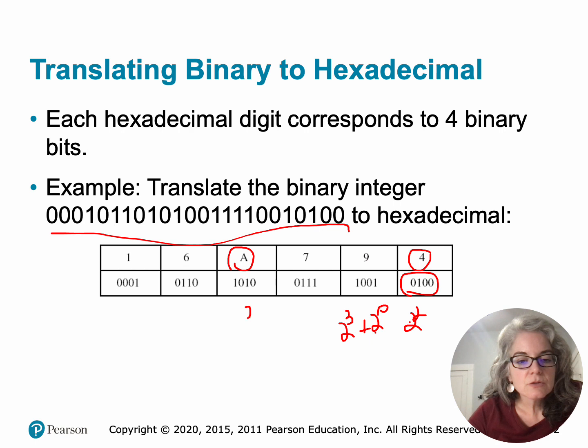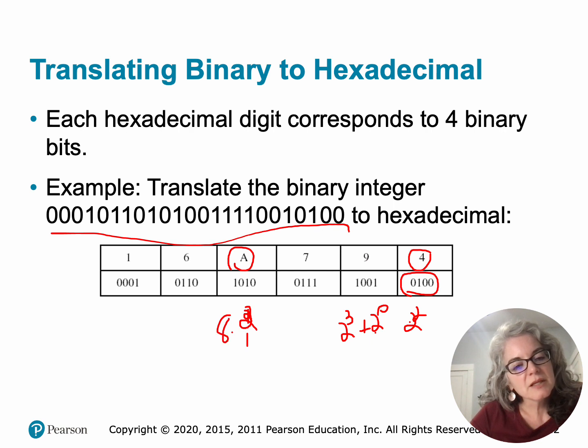This is 2, 4, 2 to the power of 0, 2 to the power of 1, and so this comes out to 1, and this comes out to, no, that comes out to 2, that's right. So it comes out to 2, and it comes out to 8.